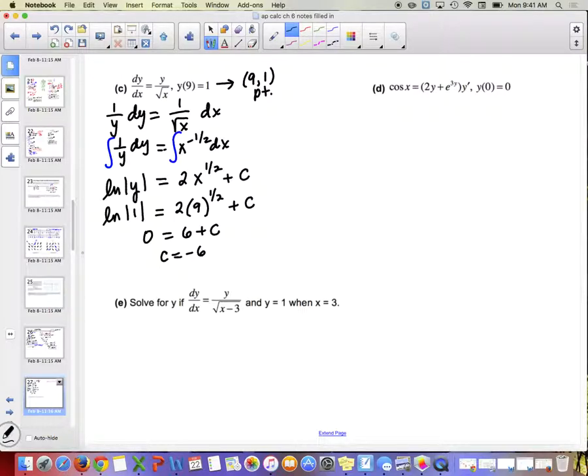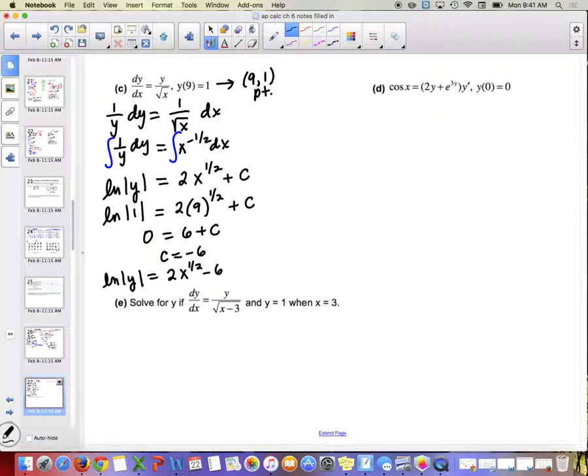Once you have that, you plug back in. So you say, okay, I have natural log of the absolute value of y equals 2x to the 1/2 minus 6. How do you solve for y? Yeah, you're going to do e to both sides.